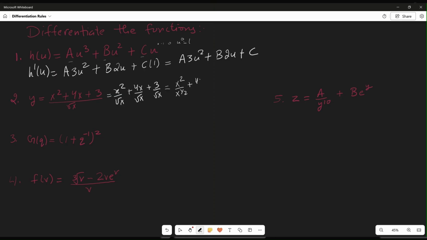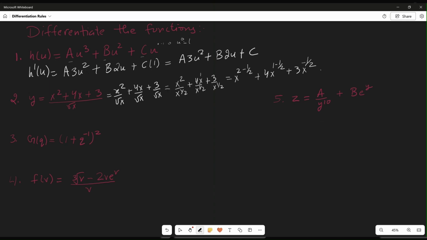This is just showing you the steps in detail, I don't have to do this every time. So what we can do now, this is x to the 1 over 2, so same base, and we can simplify this further. x squared over x to the 1 over 2 is x to the 2 minus 1 over 2, plus 4 times x to the power 1 minus 1 over 2, plus 3 times x to the power negative 1 over 2.